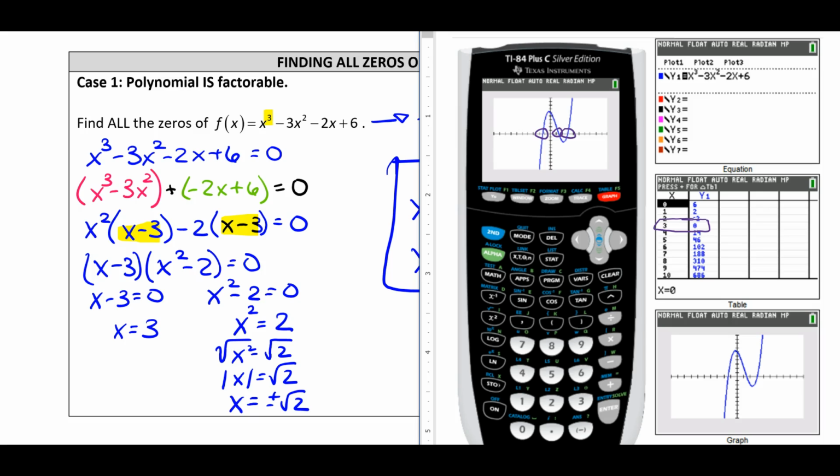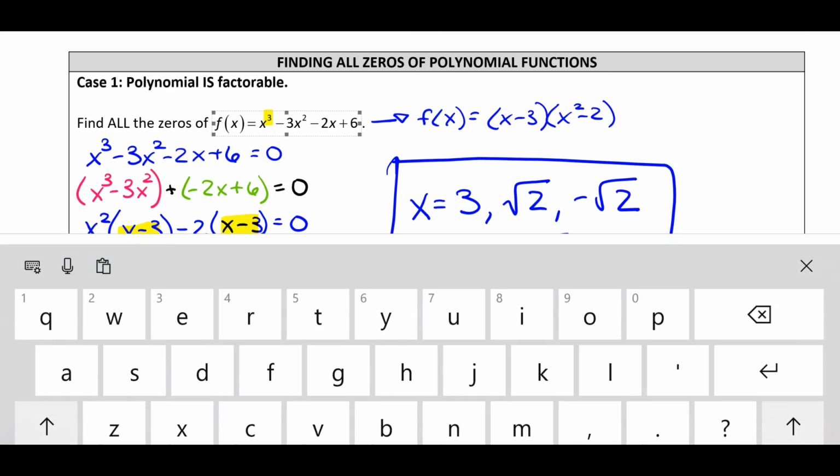And even here you can see that one of our zeros falls between -1 and -2, and the square root of 2 is between -1 and -2. And then you can see the other one falls right here between 1 and 2. Again, we know that's going to fall between those two numbers because the square root of 2 is 1 point something. So I want exact answers.